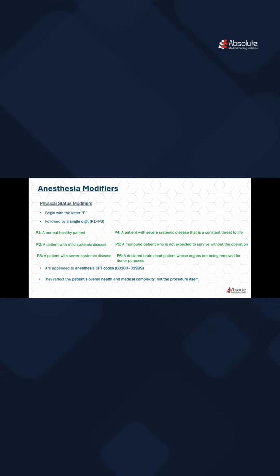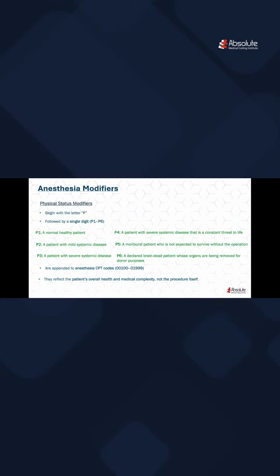Next is P4. P4 represents a patient with severe systemic disease that is a constant threat to life. In other words, their condition is unstable and life-threatening even without a surgery. P4 is followed by P5. P5 is used for moribund patients, and these are the patients who are not expected to survive unless the operation is performed.